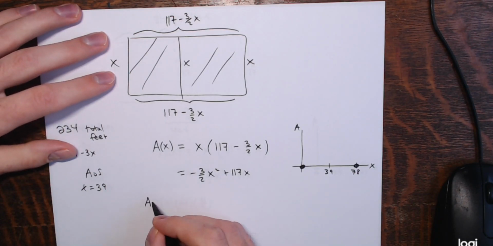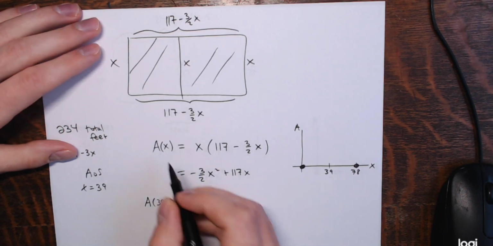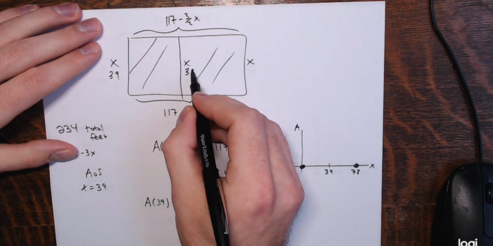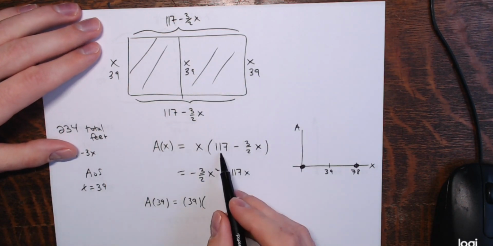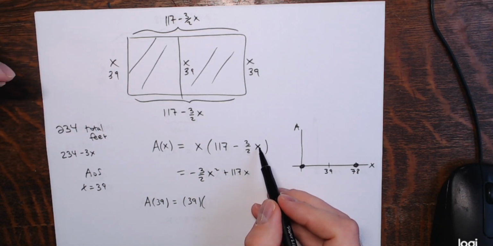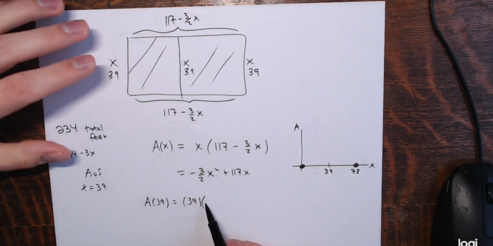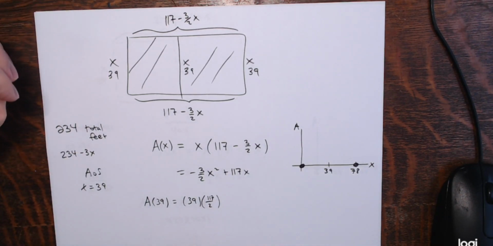And then what's the area at 39? Well, back in the factored form here, that'd be 39. That's your length. If these are 39, 39, and 39 feet times, and then where are these other two lengths? Well, 3 times 39 is 117 halves, so this would be another 117 halves. 117 minus half of 117 would be another half of 117.